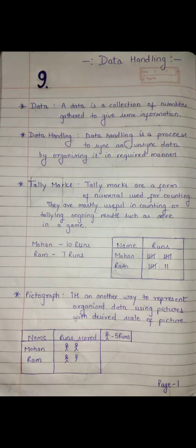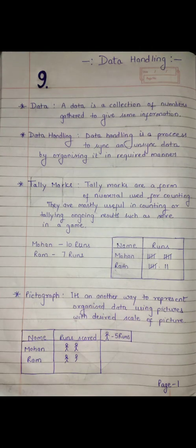Now moving further to pictograph. It is another way to represent organized data using pictures. You can use a smiley, a picture of a tractor, a bat, a ball, a person, or the face of a person; anything can be used to represent a pictograph as per the requirements. Here again I have taken the same example, where I have placed their names and the runs scored in terms of pictures.